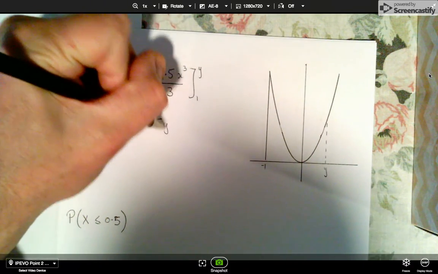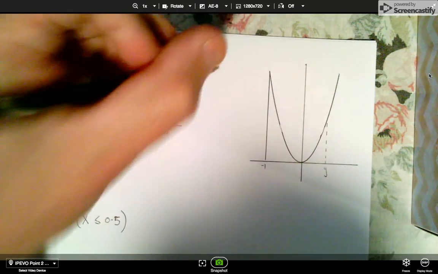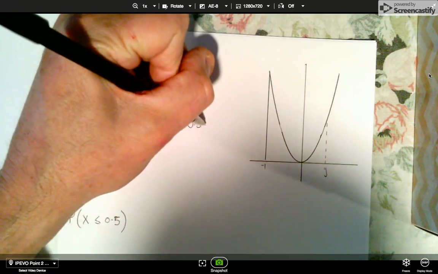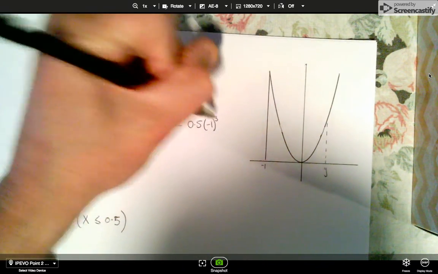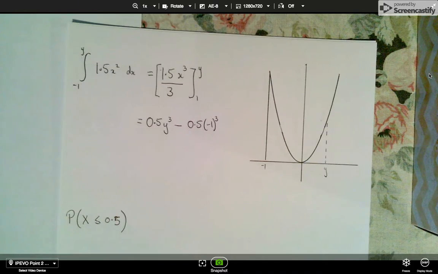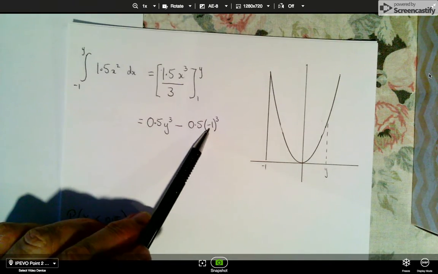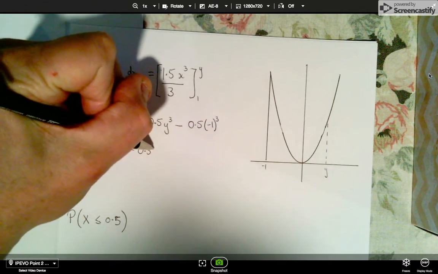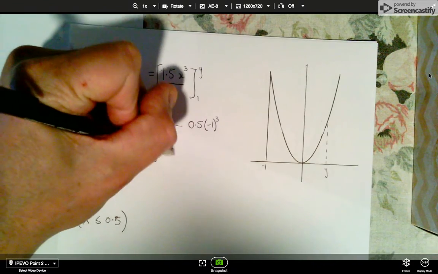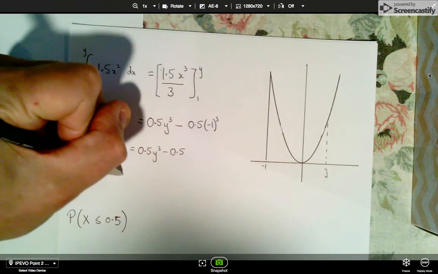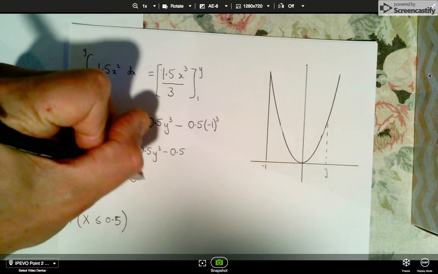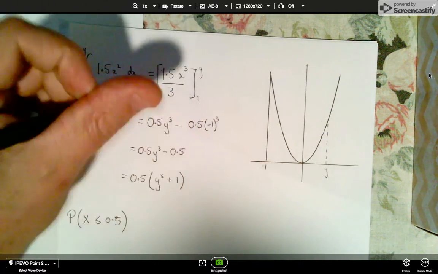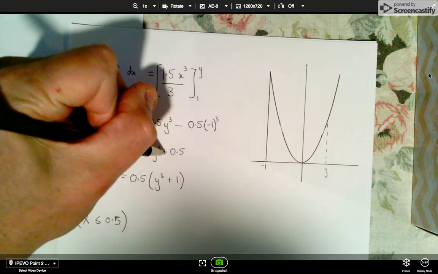When we put in y, we get y cubed, minus when we put in -1, which is 0.5 times -1 cubed. And the same thing happens here, that -1 cubed gives us -1, and a minus times a minus. So what we've really got is 0.5y cubed plus 0.5, or Alan took out a common factor of 0.5. What's left inside the brackets? y cubed plus 1. Sorry, a minus times a minus should give me +1 up here.